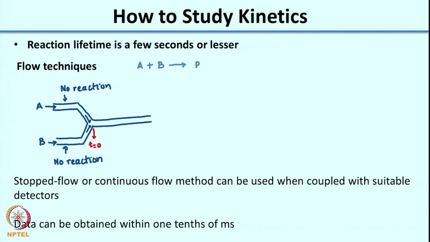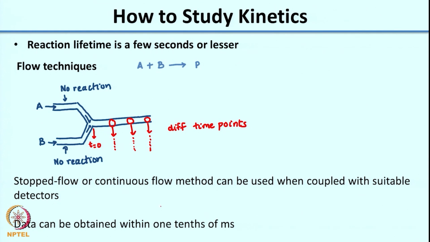Along the path of the reaction, you have different time points. Because this is where the mixing is taking place, this is T equal to 0. At different points, if you are able to analyze what is happening, you can study the kinetics even within seconds.